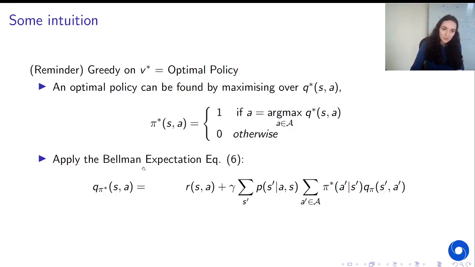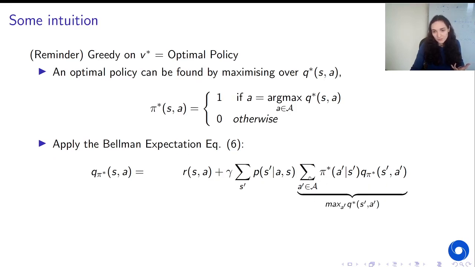Now, if you apply the Bellman expectation equations, we know that the Q value function corresponding to this Q pi, which is an optimal policy, adheres to this equation, and this part here, the expectation under this policy, actually comes down to being the max over the optimal value function.